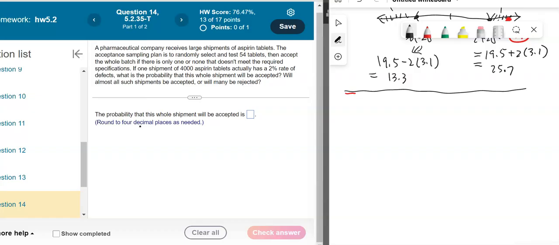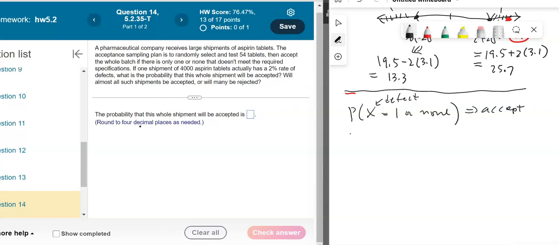So the question is, the probability that the whole shipment will be accepted is the probability that the number of defects is 1 or none.